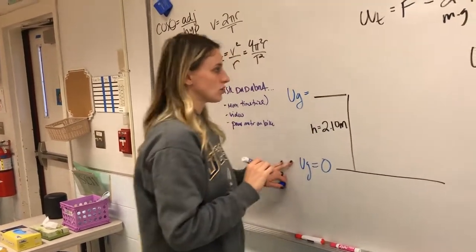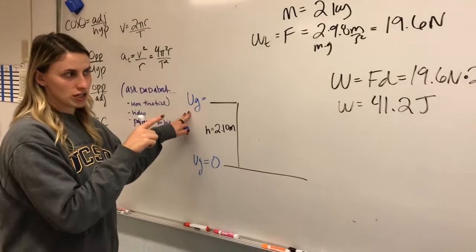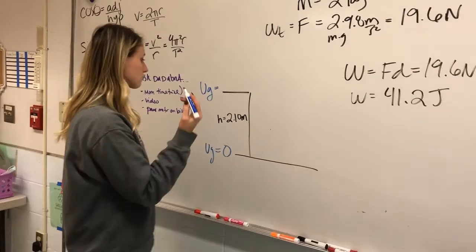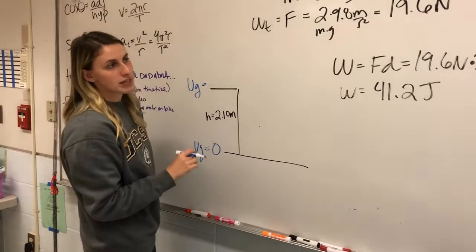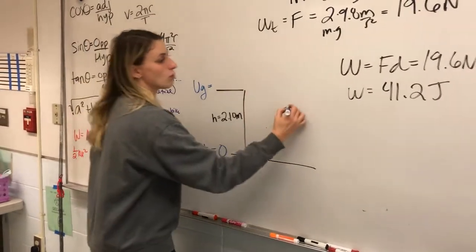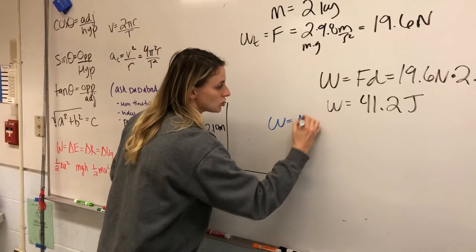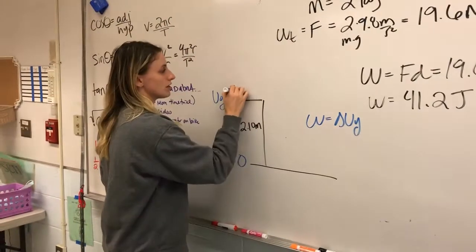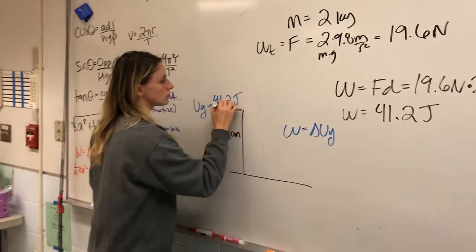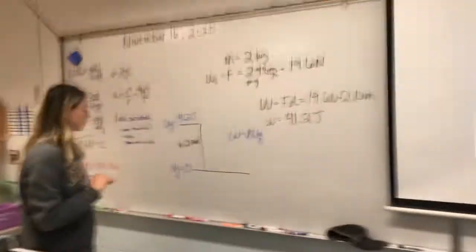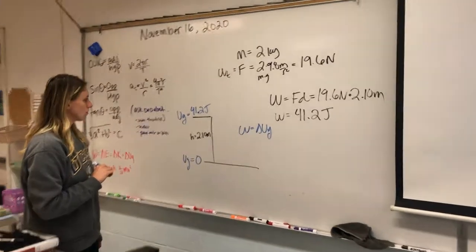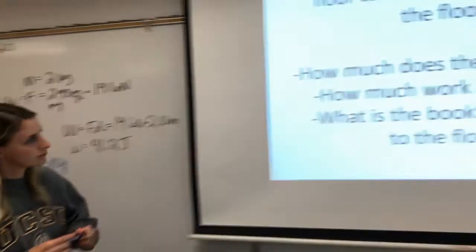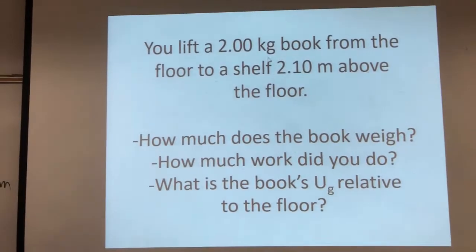So if I do this much work lifting it up, that means that at the very top, work equals the change in gravitational potential energy, which is 41.2 joules. Simple, yes? You see how this works? Work changes energy. The kind of energy we're dealing with here is gravitational potential.